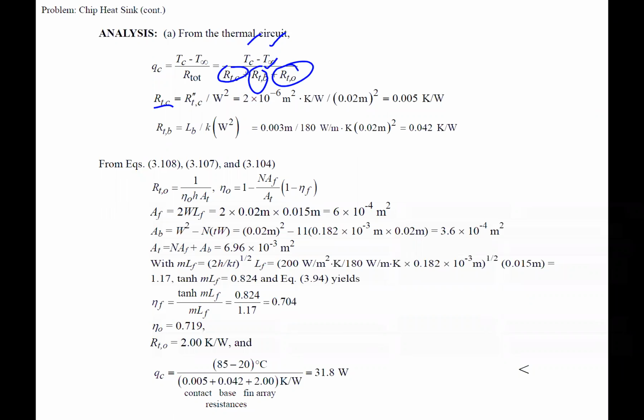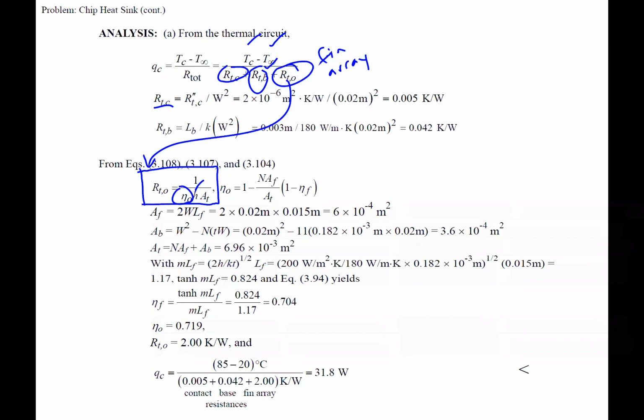That has a little bit more of going through a bunch of equations. So we have that resistance for the total array, the fin array. That's this equation, and inside of it we have the convection coefficient, which we have.